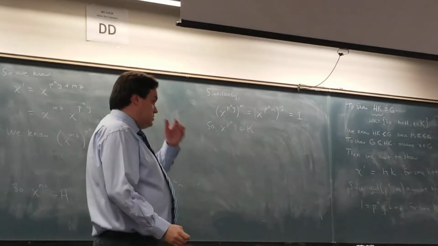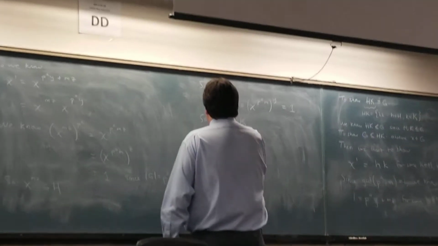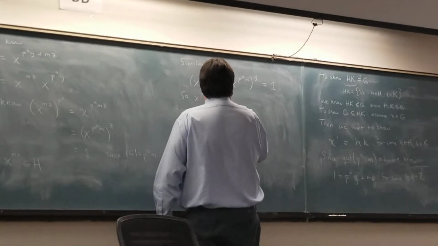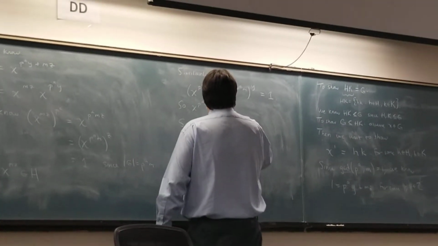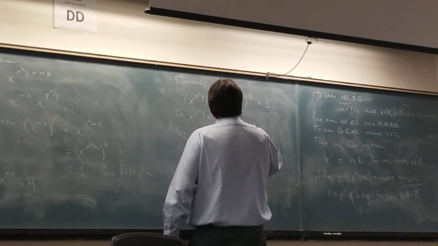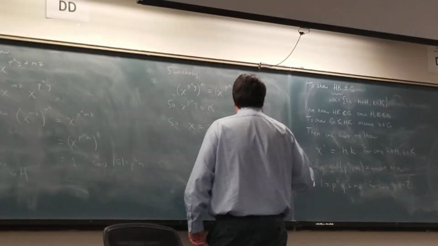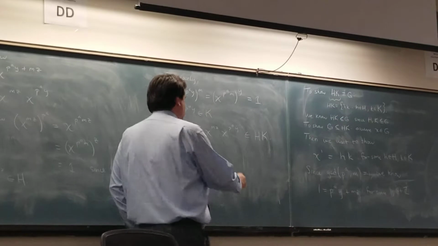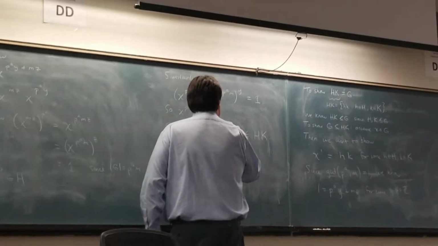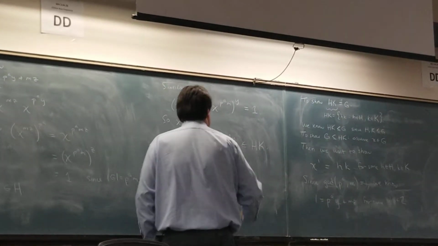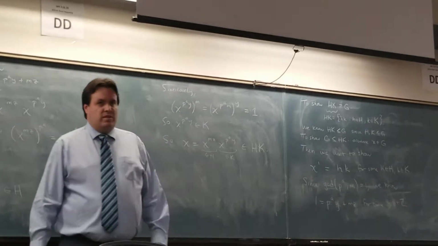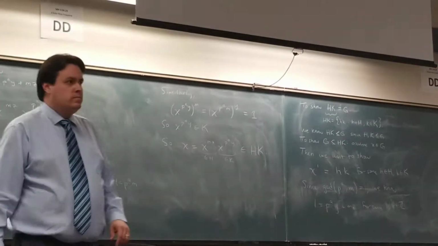All right, so that means x, which was equal to x to the mz, x to the p to the a y, belongs to HK, because this is something from H, this is something from K. And x was just any old group element.